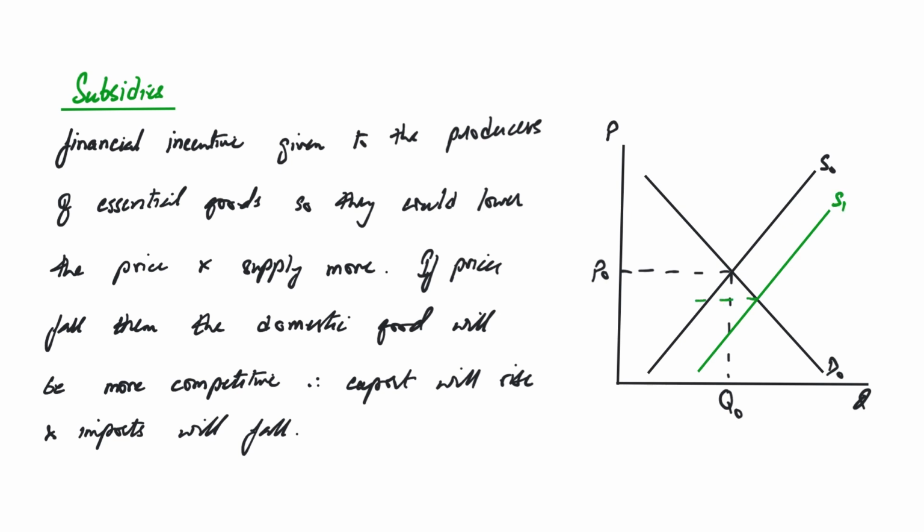As a result of that, the prices are going to go down and more quantity will be consumed. This is for the domestic good. So obviously we'll assume that अगर international prices अच्छी होंगी तो we'll be able to export more as well. And subsidy से जो हम imports को reduce करना चाह रहे थे, we will be able to do that.